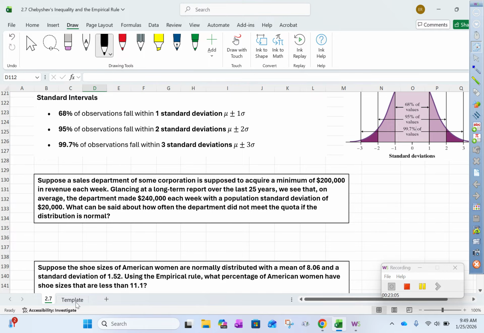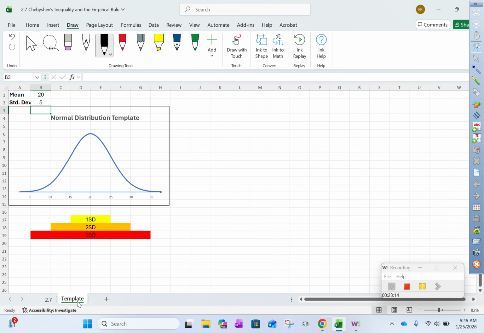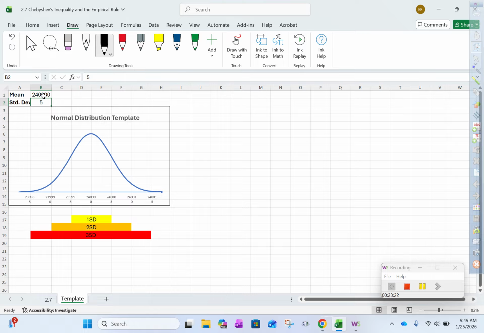I've given you a template on this second sheet, where you can change the mean value, and we said our mean was 240,000. And then our standard deviation was 20,000. And that lets us see the scale going throughout. So we've got our 240,000 in the middle, and it's counting up each time.